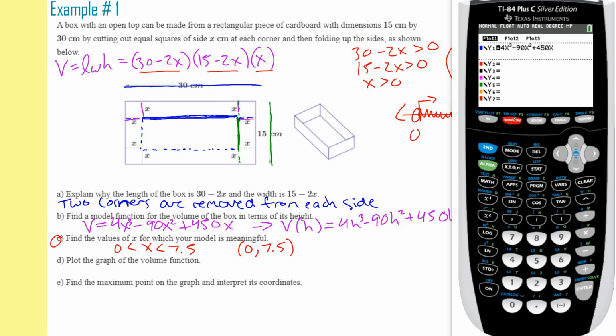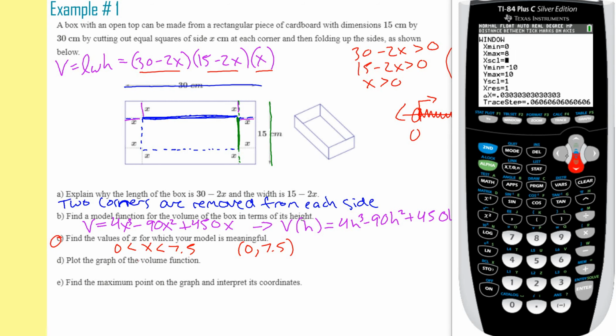And I'm going to change my window because I want my x to be between 0 and 7.5. Anything after that is useless. So I'm going to put 0, and for my maximum, I'm just going to do 8 just to make sure. All right, go a little over.